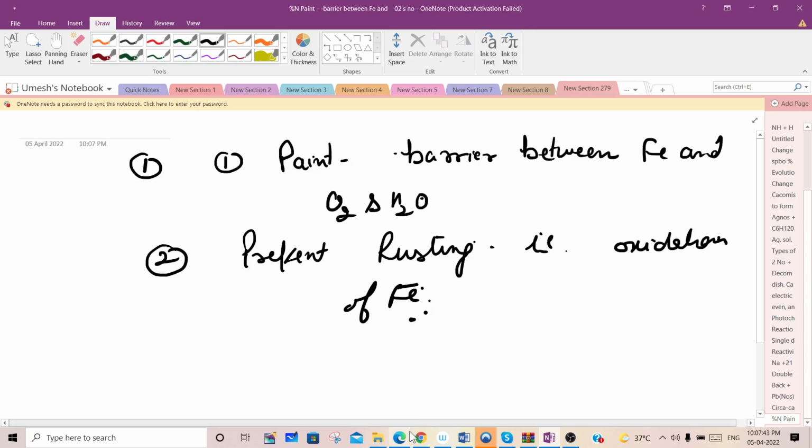This is the use of painting. Note it down. Should I go ahead?